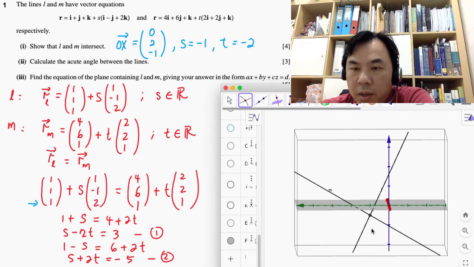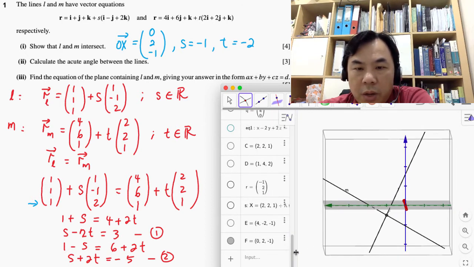They do intersect at this point here. Let me see whether we got the correct answer. You can see that the point of intersection is marked as F here, but previously I marked it as X. Anyway, this is just a label. So it tallies with the answer that we have obtained, which is 0, 2, -1.